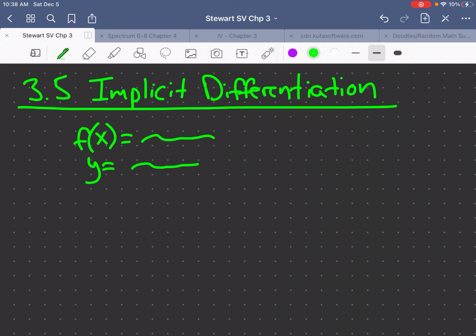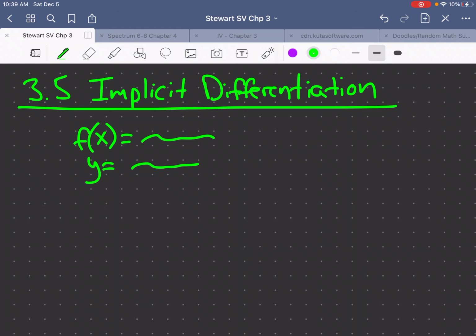And that's where implicit differentiation comes into play. Because like an ellipse, x squared over a squared plus y squared over b squared equals 1, that is not a function, and it's not simple to just get y by itself sometimes. But we still want to be able to find the slope of a tangent line at any point along that ellipse.